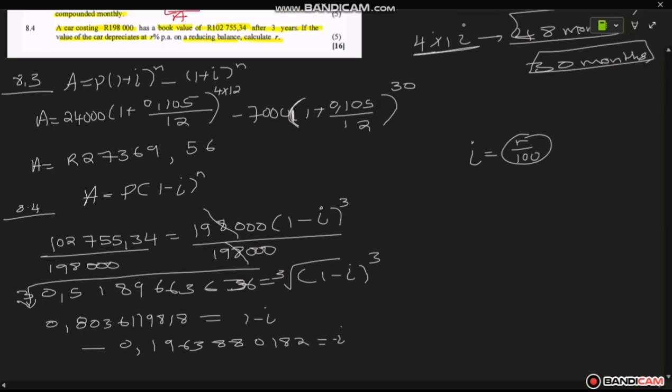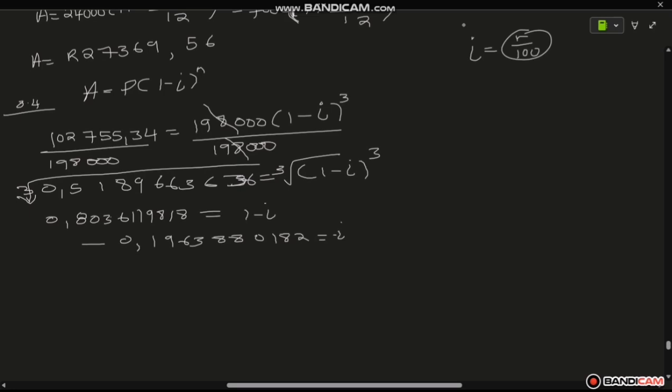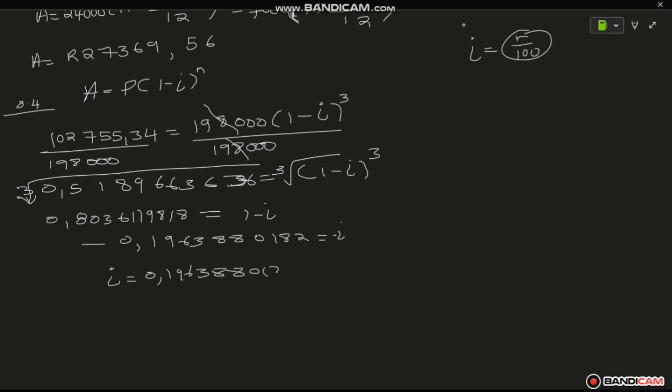Then you divide both sides by negative 1. Then the answer that we'll have is what? The interest rate. And they didn't want us to determine the interest rate, they wanted what? R. Then we multiply by 100, then it becomes R. I hope that makes sense.